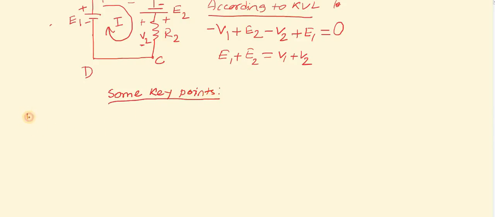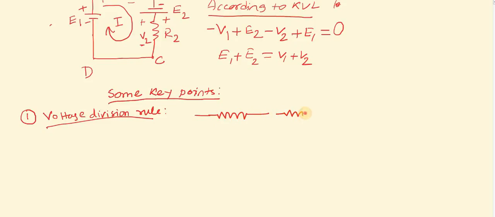First is the voltage division rule. Say two resistances, this is R1, R2.